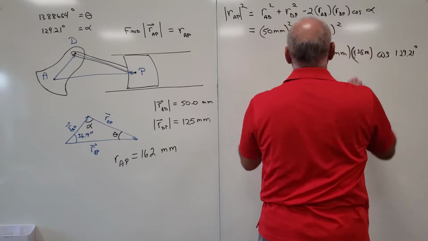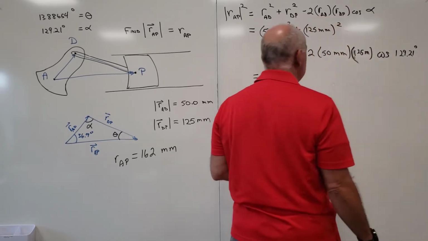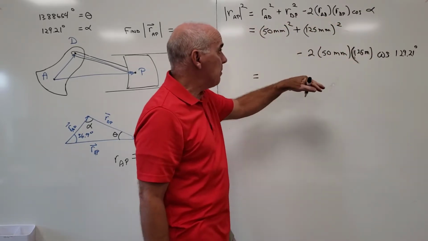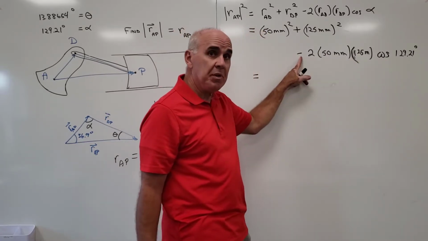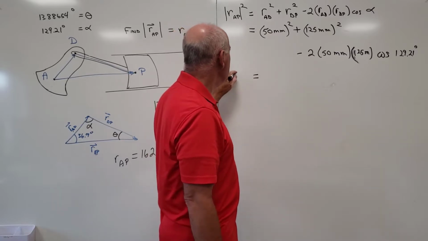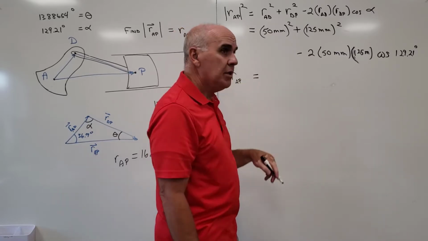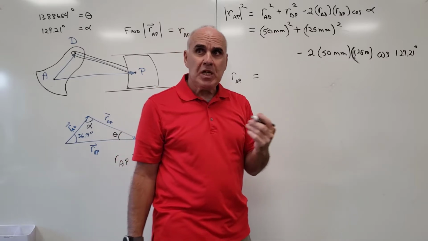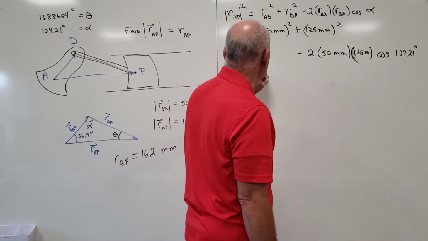Okay, and pull that minus sign down here. Keep in mind the cosine will be negative, so this will be a plus. Then I add all that together, and take the square root. So RAP will be 161.2188.